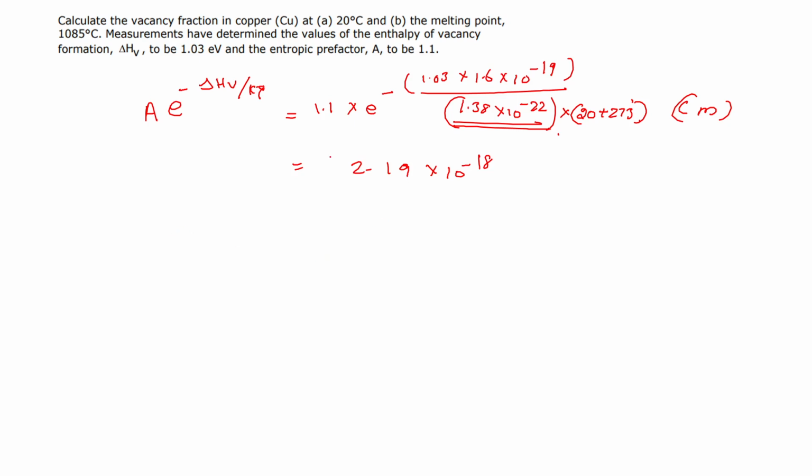Similarly, you have to calculate the same for temperature 1085. Same formula, you have to calculate that also. Just change the temperature here to 1085, then you will get the answer. It should be 1.67 times 10 to the power minus 4. Please check it, okay?